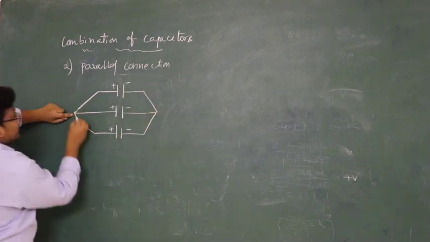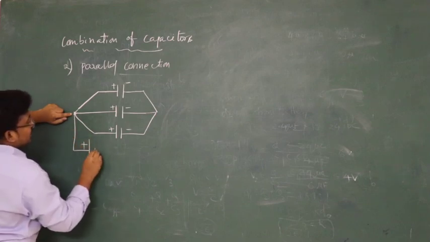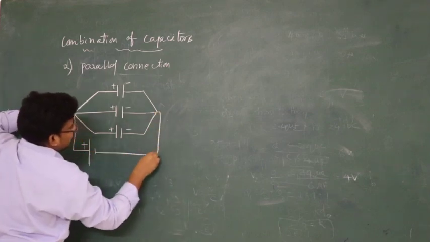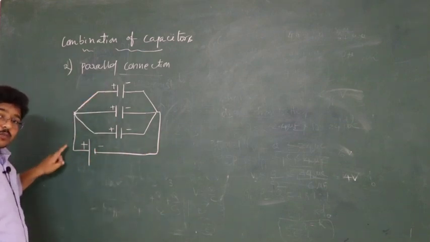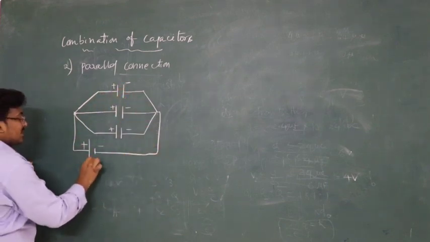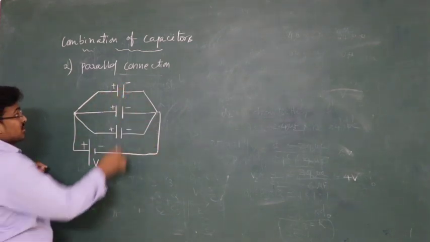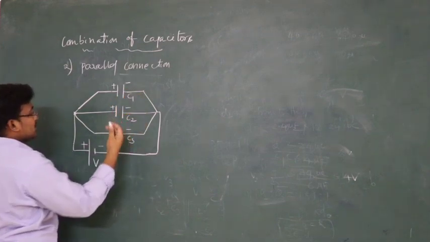So this end is connected to the positive terminal of the battery, and this end is connected to the negative terminal of the battery. Then this type of connection is called a parallel connection of the capacitors C1, C2, C3.